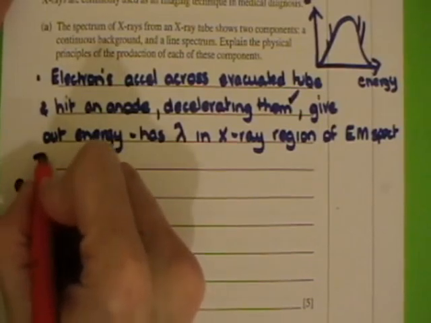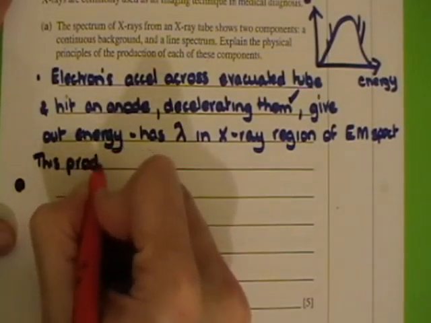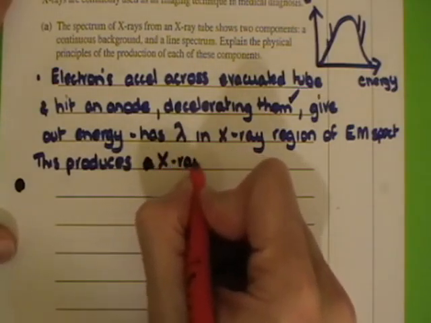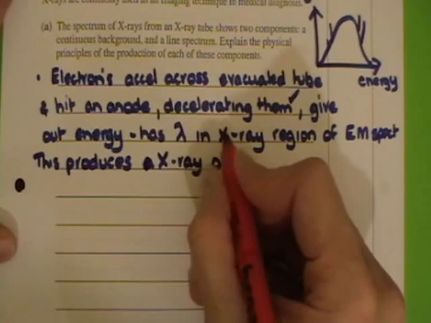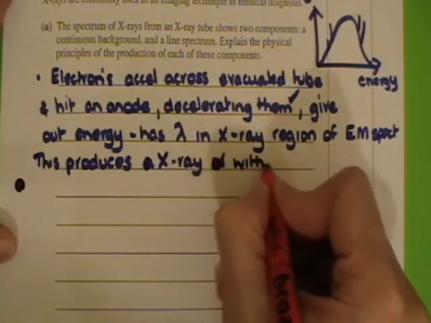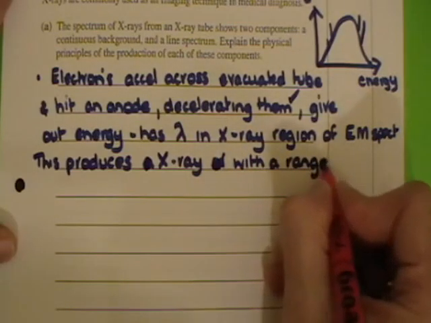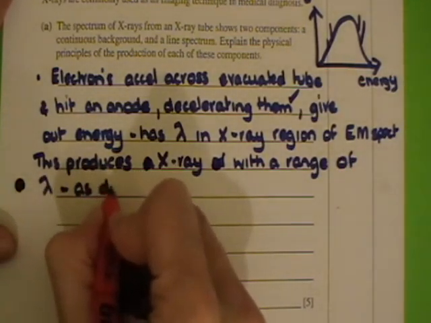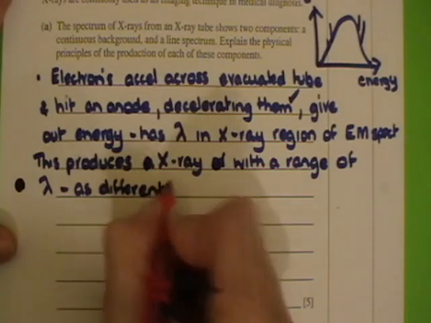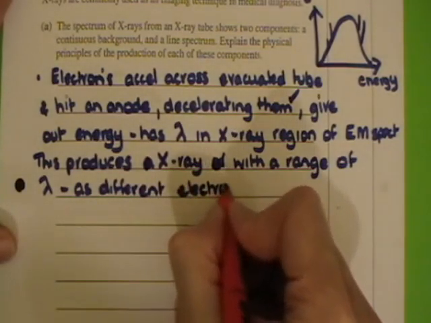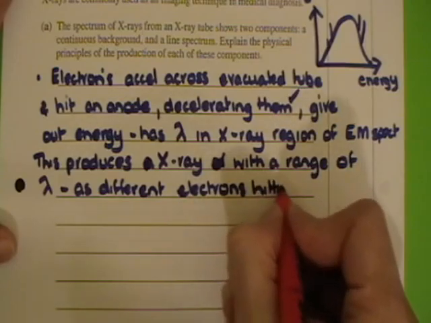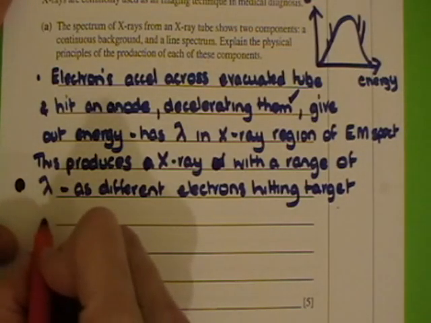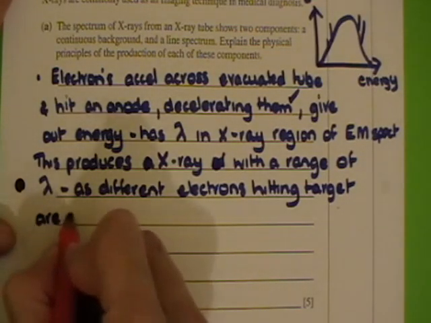And this produces X-rays with a range of wavelengths as different electrons hitting the target are decelerated by different amounts.